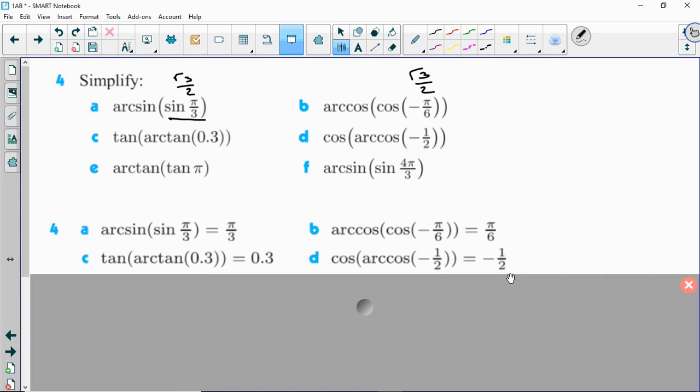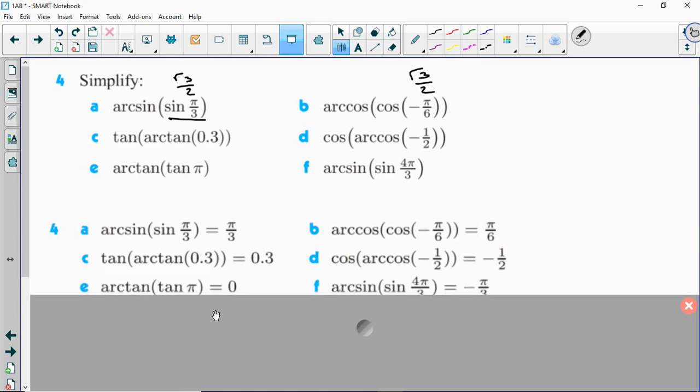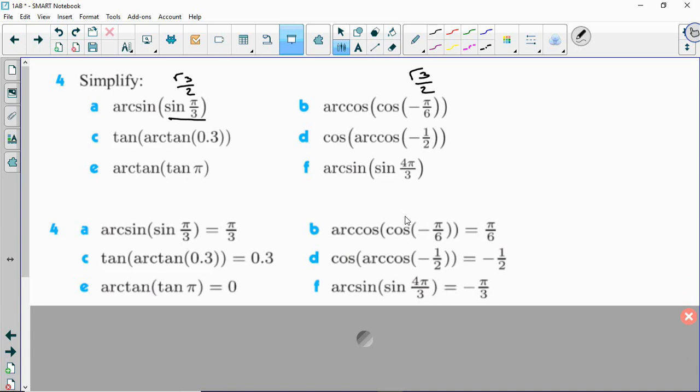And for the final two, tangent of pi is equal to 0. What is arctan of 0? Well, it's still 0. It goes to the origin, so that's not a problem. And then for this one here, sine of 4 pi over 3, that's in quadrant 3. So that's going to be negative root 3 over 2.